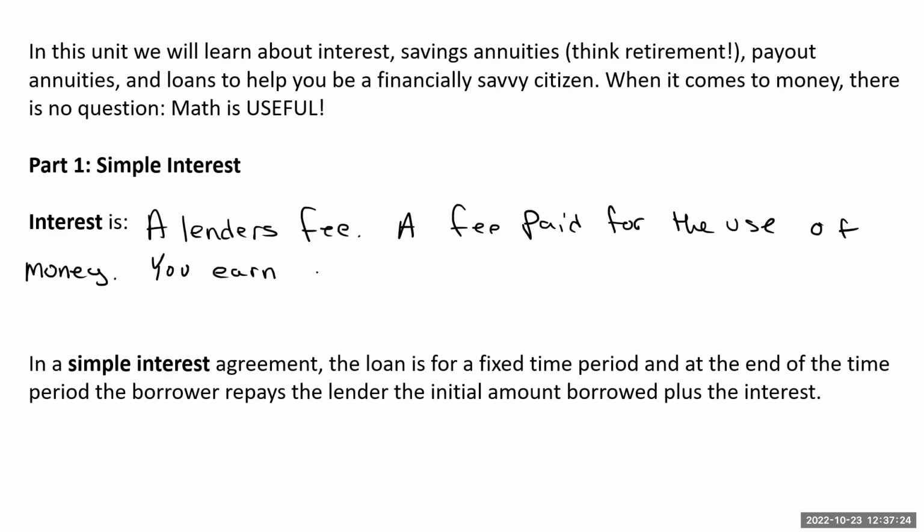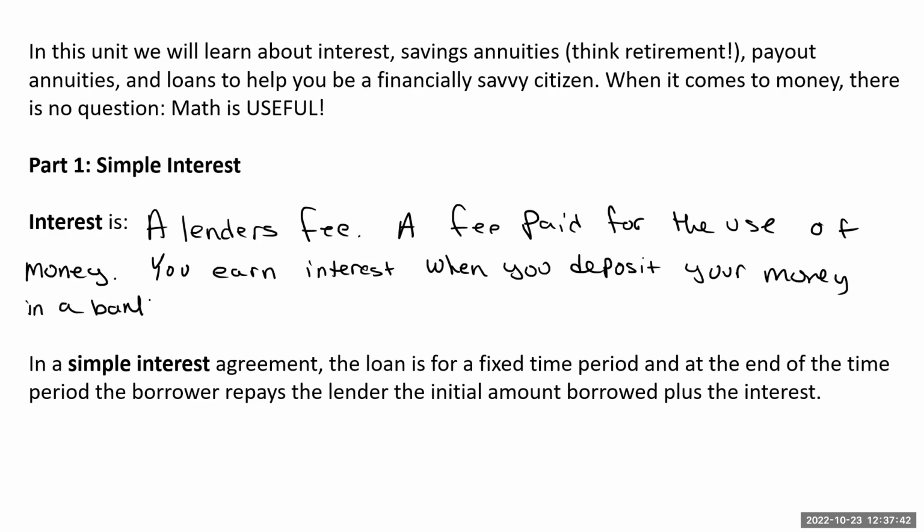So you earn interest when you deposit your money in a bank. So that would be, when you're earning money in a savings account that you may have at your local financial institution.